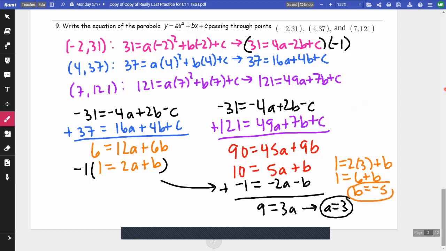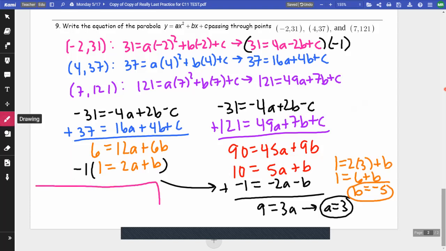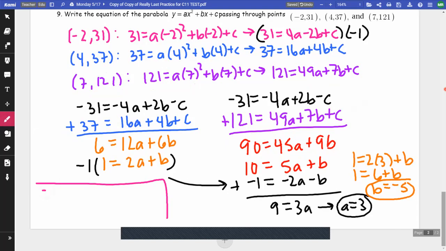So I've got my a and my b. And now I'm putting them into my pink one to find c. So 31 is equal to 4 times my a minus 2 times my b plus c.